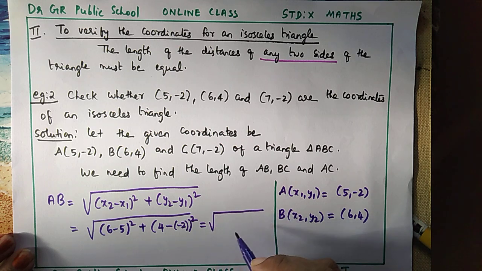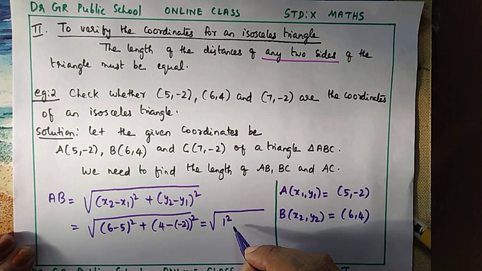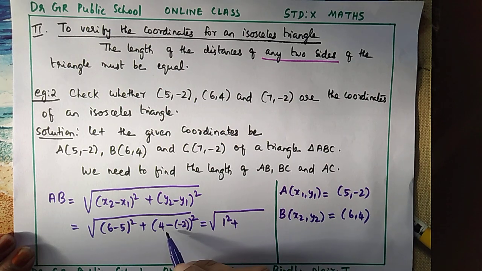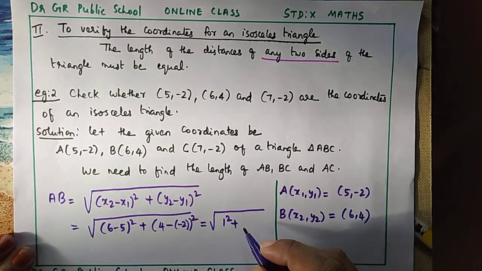So in the next step you will get what is 6 minus 5? 1. So 1 square plus 4 minus of minus 2 square, that is 4 plus 2, correct?